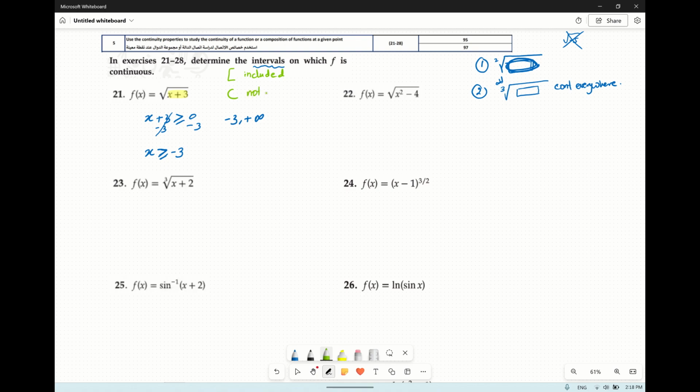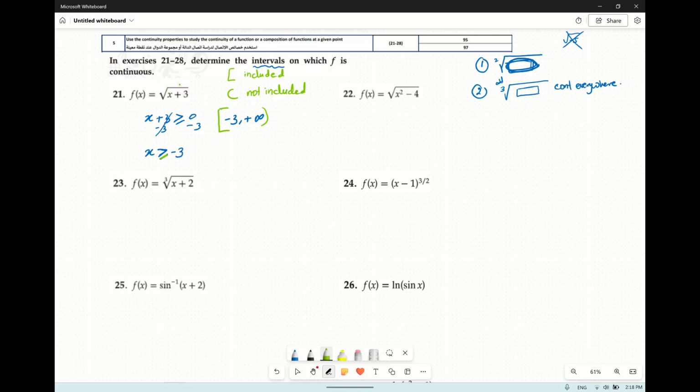Parentheses mean it is not included. So now look, is the 3 included in the interval? Well, yes, because we said more than or equal to minus 3. So I will put next to the minus 3 a bracket. What about the infinity? The infinity is not really a number, so we always put for the infinity a parenthesis. And now this is the final answer.